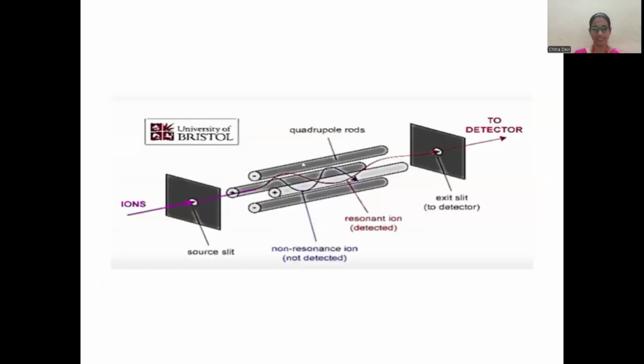This is the overview: ions pass through a slit, then the ions will be accelerated, and quadrupole rod type detectors will be there. We have seen different types of analyzers; time of flight we have seen. The next type is the quadrupole analyzer, which is one more technique.